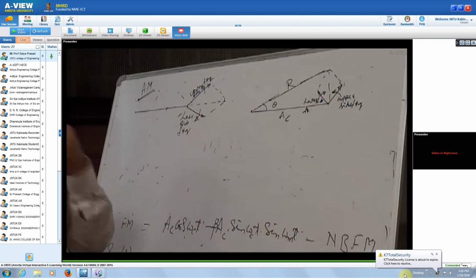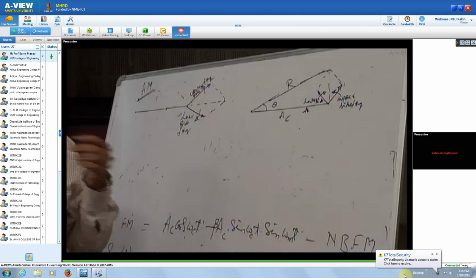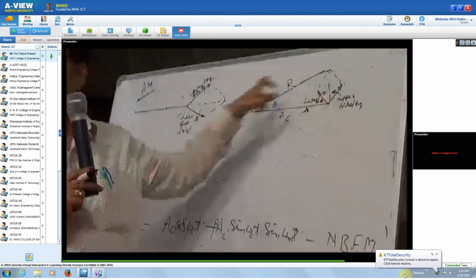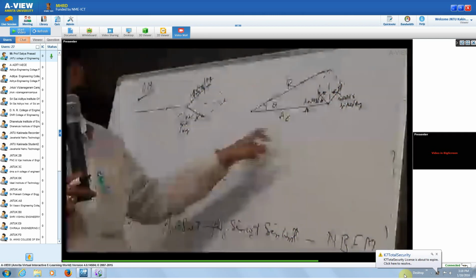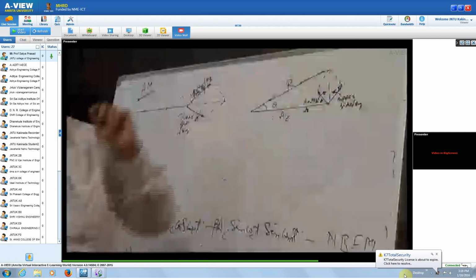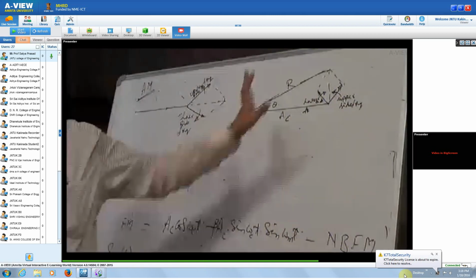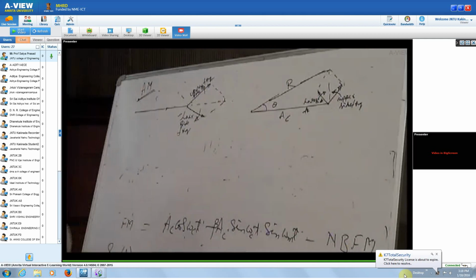Right? The output amplitude that we are going to get is the resultant of this carrier and these two side bands. Therefore, amplitude of your narrowband FM is not exactly constant.